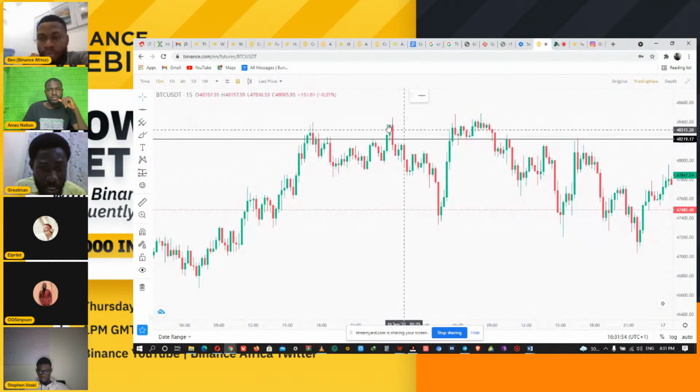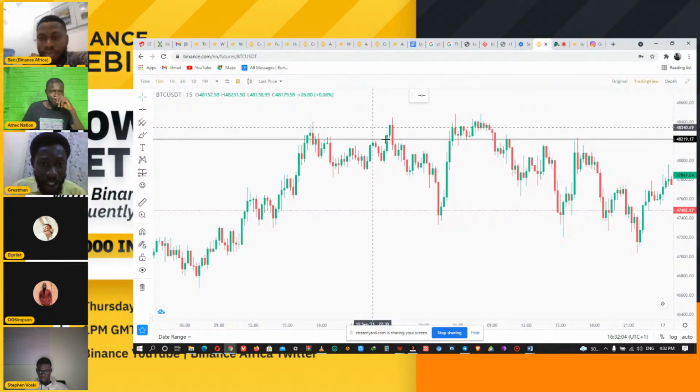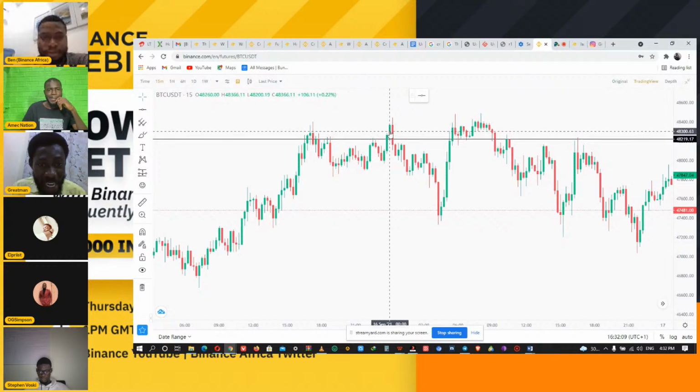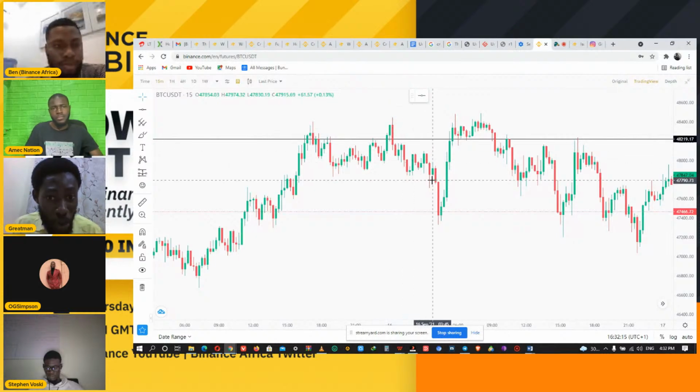A bearish engulf acting on a resistance line we call confluence, but I wouldn't want to go into that. There's what's called confluence trading, but I wouldn't want to go into that. A bearish engulfing acting on a resistance line is a signal that if you enter this market and open a short position, you will make some good profits.